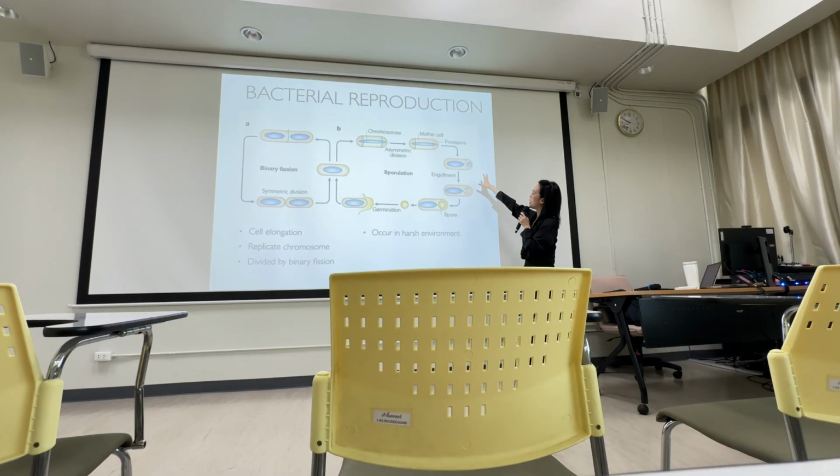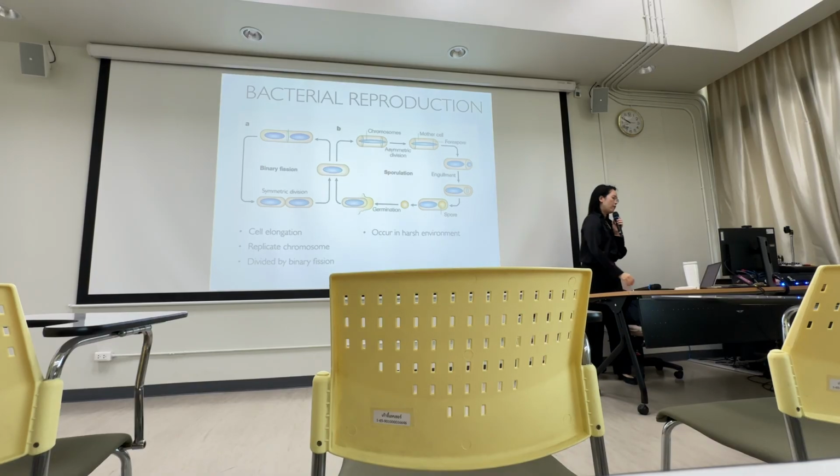After they elongate and duplicate their genetic materials, the mother cell will engulf the daughter cell, or the spore cell, to increase the thickness of the cell membrane layer. After that, the DNA of the mother cell will degrade, and then the mother cell degrades and releases the spore to the environment.